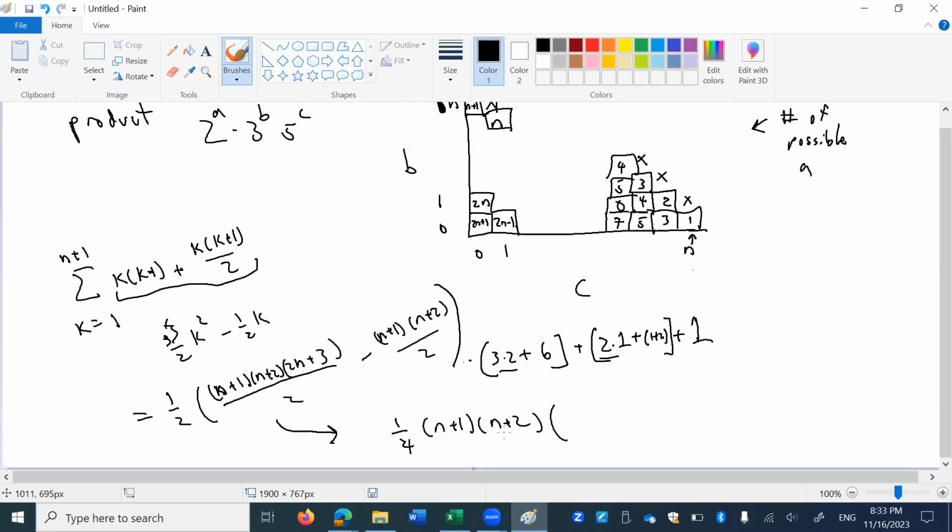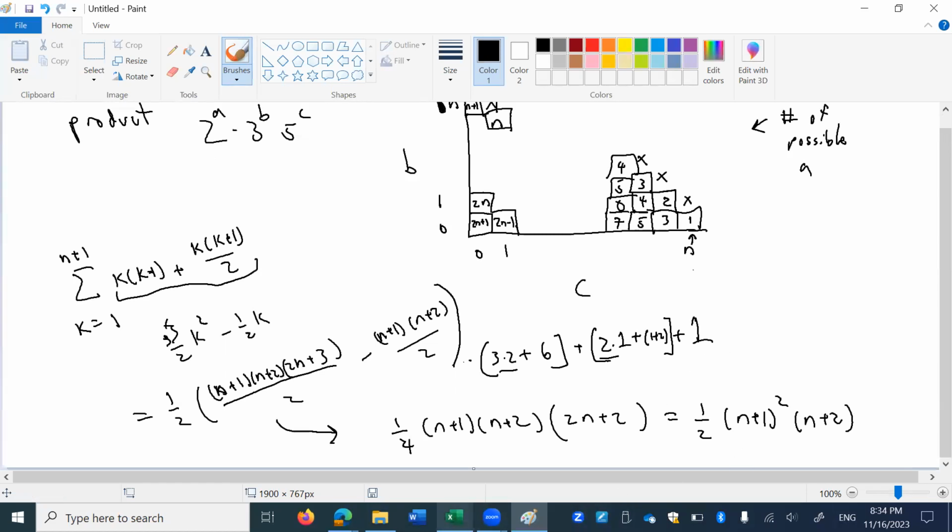So I have 1/4 times that, and then I have 2n plus 3 minus 1. So 2n plus 2. Okay, and so I can factor out a 2 from here, and I can write my final answer as 1/2 times n plus 1 squared times n plus 2. So that's my general expression for the total number of possible products.